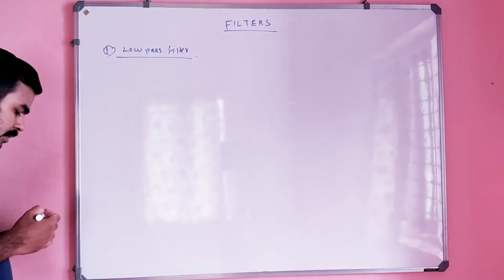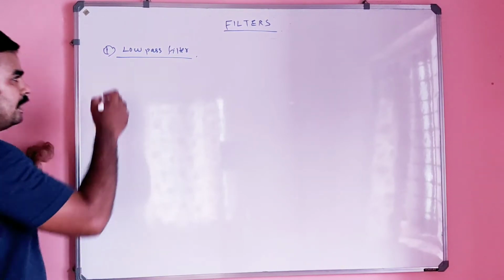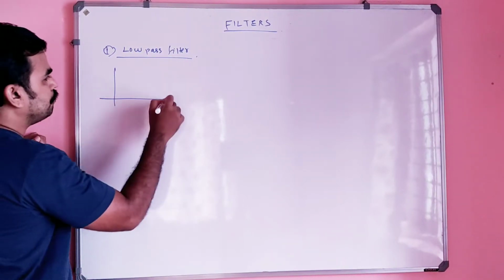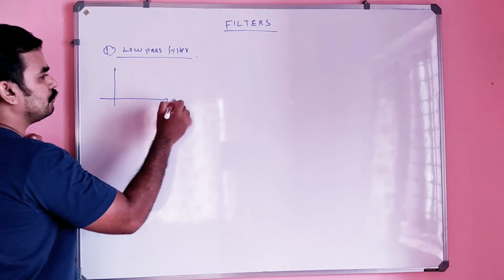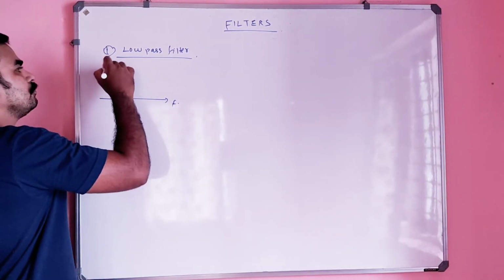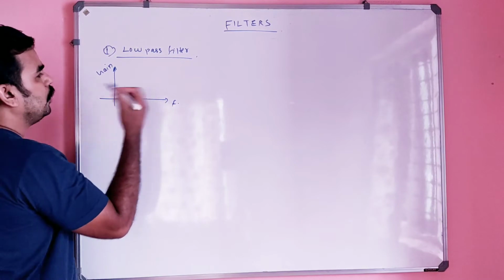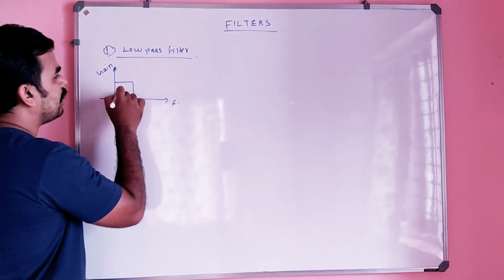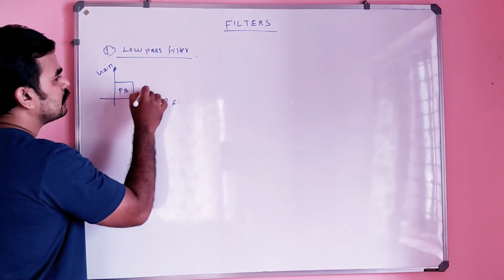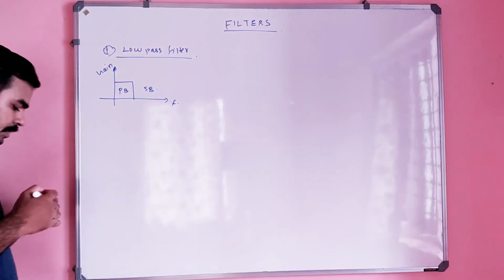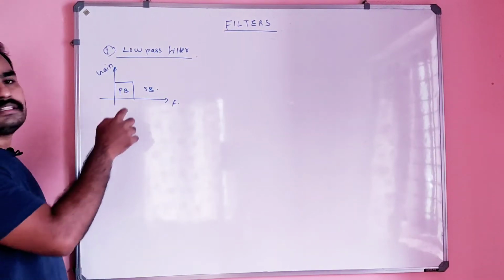Low pass filter. The meaning of low pass filter is that if you plot a graph between frequency and gain, low pass means it only passes the low frequency and stops the other frequency. The PB means pass band.